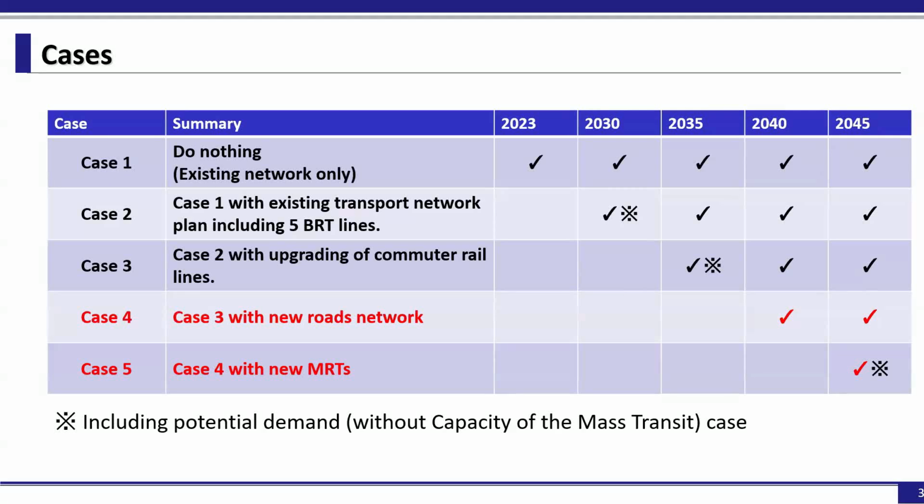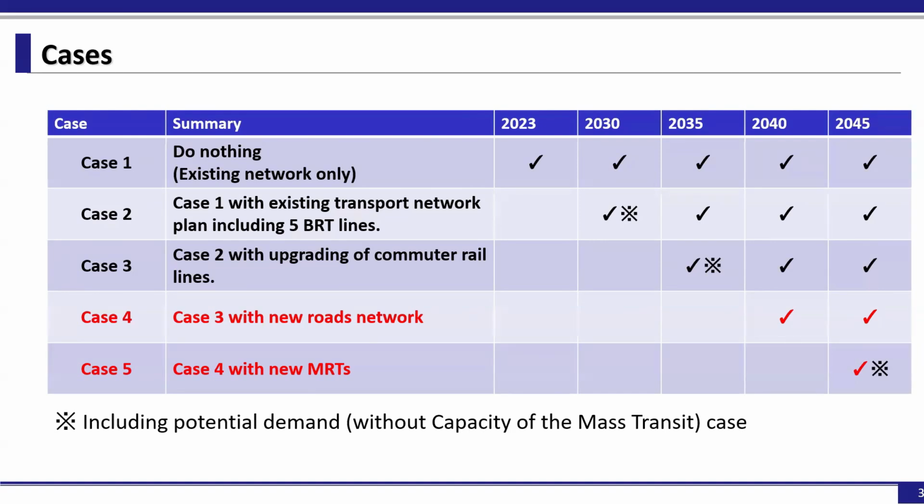Case 1, for example, up to 2045, we developed the demand in terms of trip demand by travel modes. Case 1 is the do-nothing case, which is the same as the current situation of transport.